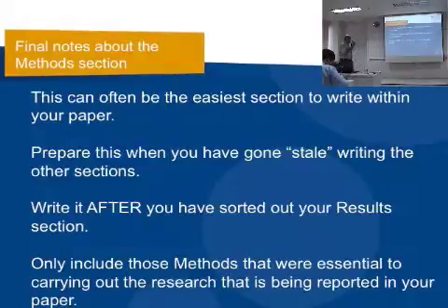Now we're saying only report on the methods that were critical to those particular results that you're reporting on. I'm not interested in all the other stuff that you did if you're not reporting on it. Even if you might have spent a lot of time doing that other work, it's not relevant unless you're reporting results from that method.